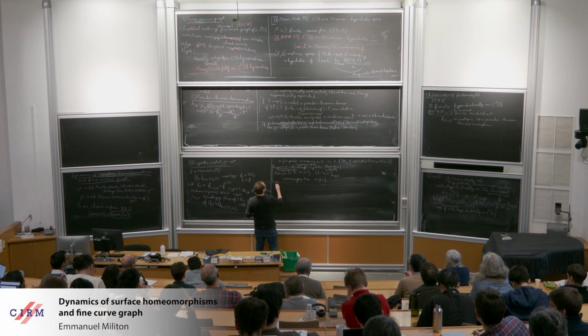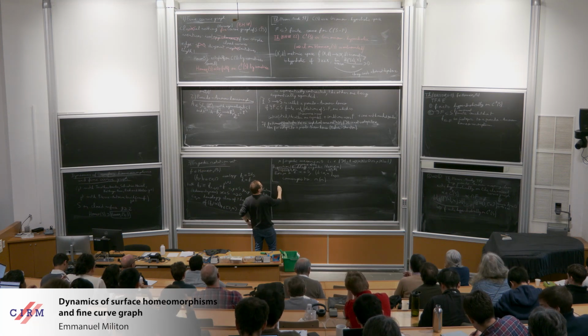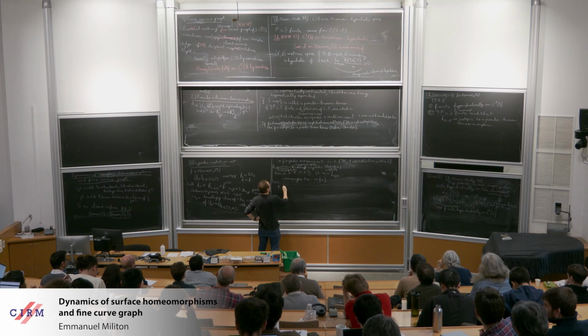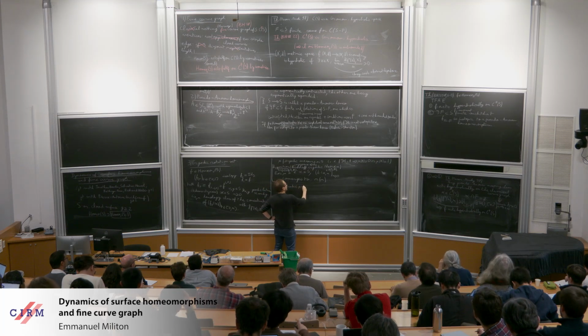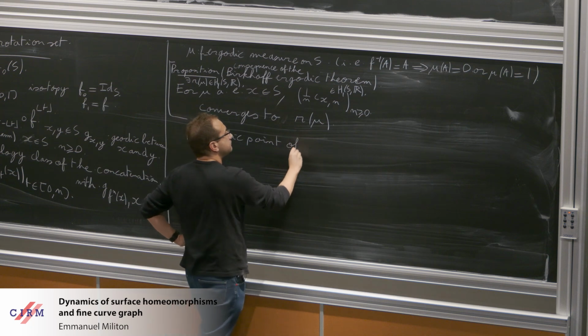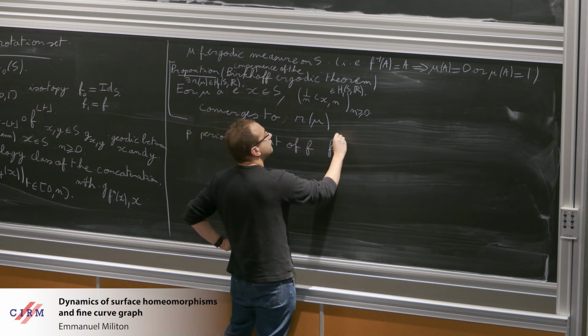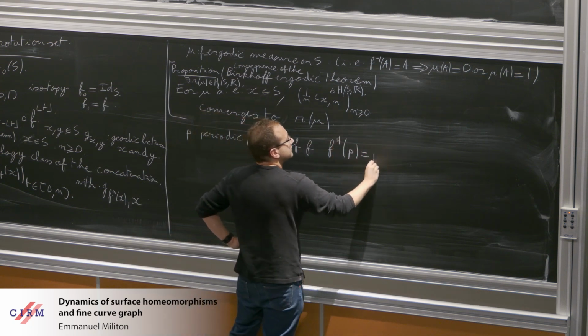So for instance, one example of an ergodic measure is if p is a periodic point of F, say F^q of p is p.